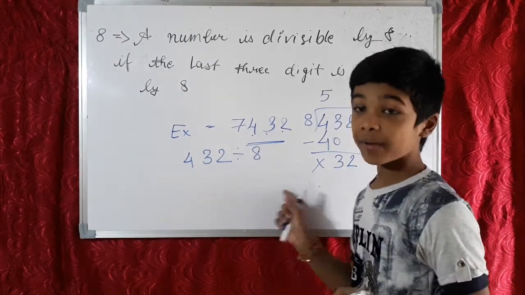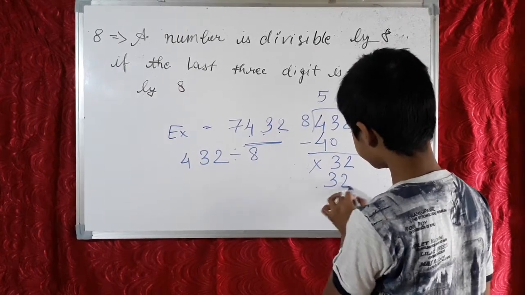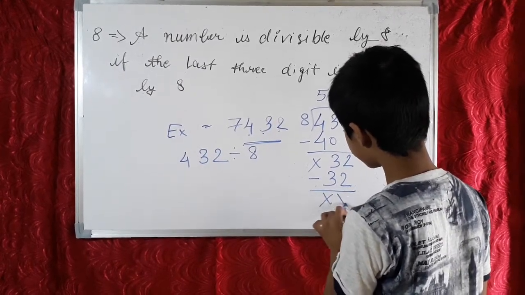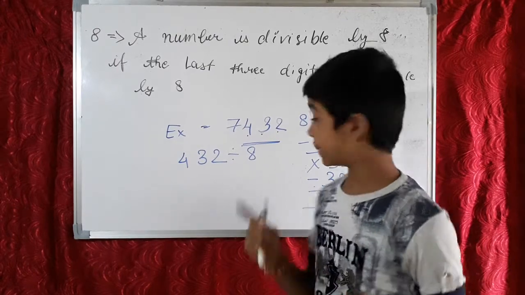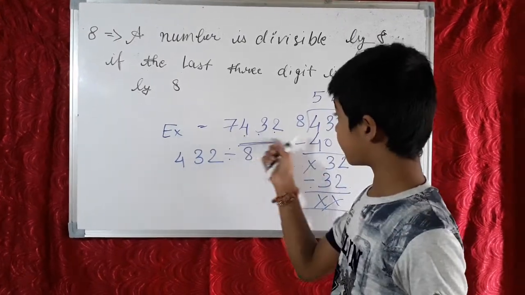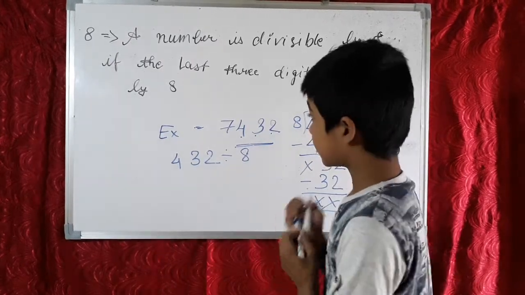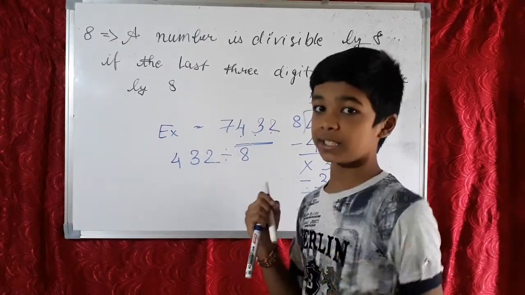Now what is the remainder? 8 fours are 32. So this number is completely divisible by 8, which means 7432 is divisible by 8.